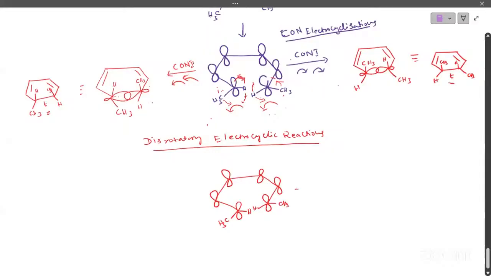What is this? This means at both ends, the opposite direction of rotation takes place. Right? You can take this one. At the first carbon, it is rotating clockwise. At the C6 carbon it is rotating anti-clockwise.